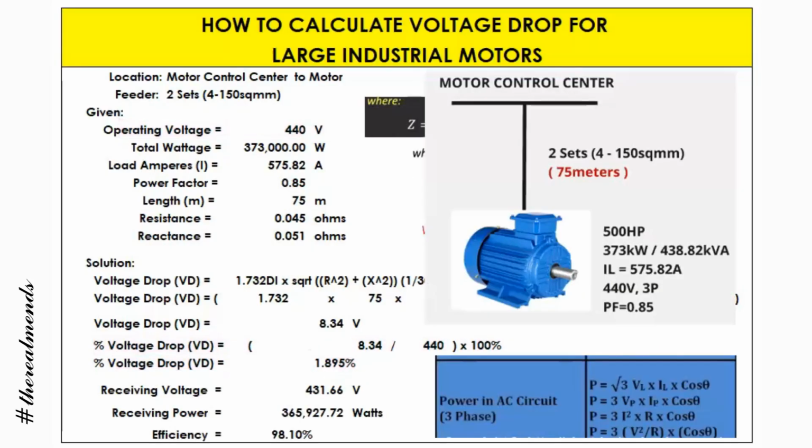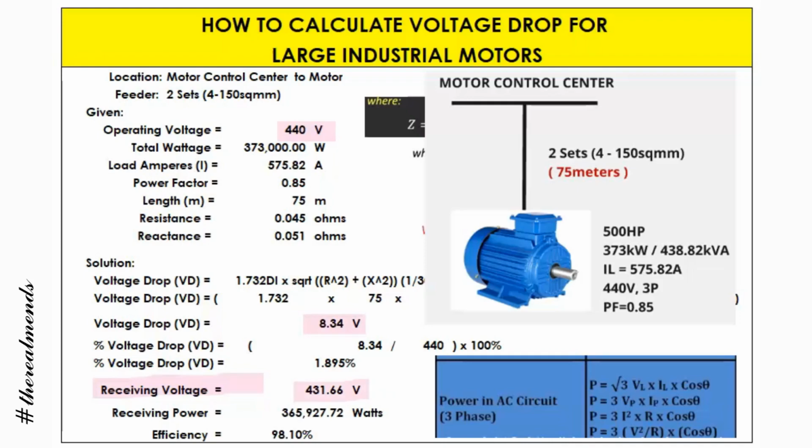And then to get for the receiving voltage of our load, which is 500 HP AC motors, simply subtract itong 440 volts to our voltage drop 8.34. So we can have the answer of 431.66 volts.